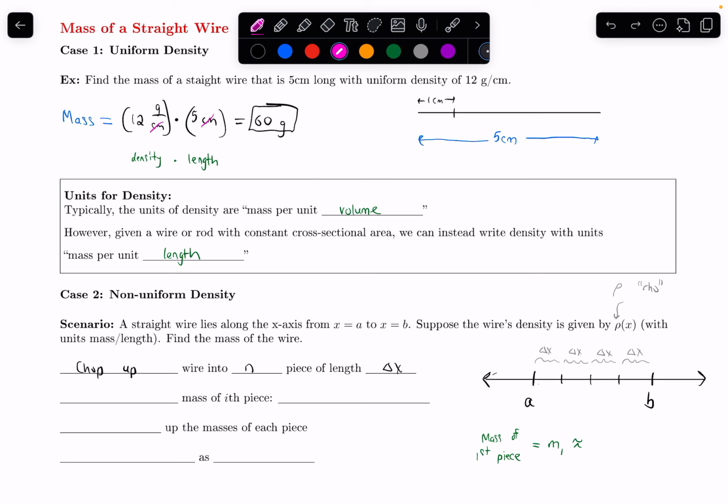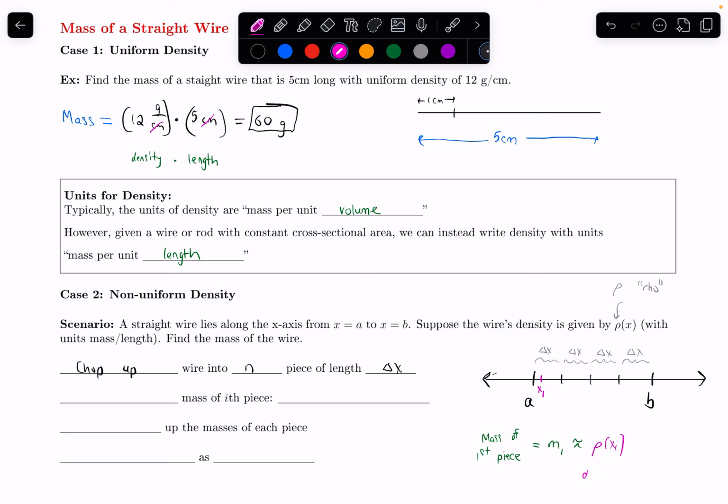To estimate it, I'm going to take some x value in this interval. It doesn't really matter where I pick it, but maybe I'll put it over here somewhere, and I'll call this x value x1. I'm going to plug this x value into my density function, and that gives me an estimate for the density on that interval. So I do rho of x1.